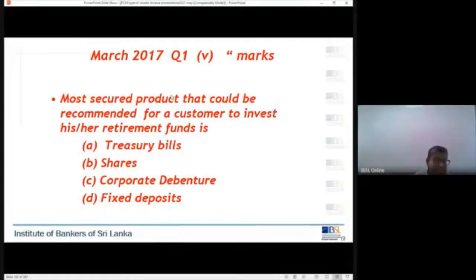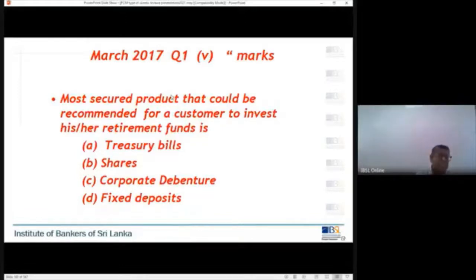If you say National Savings Bank fixed deposit, there is a possibility, because it is a government guarantee, right? But they only say fixed deposit. Therefore, you cannot say it is the one. We don't know which bank or which institution. But we know one thing is sure. What is that? Treasury bills. That is the guarantee.